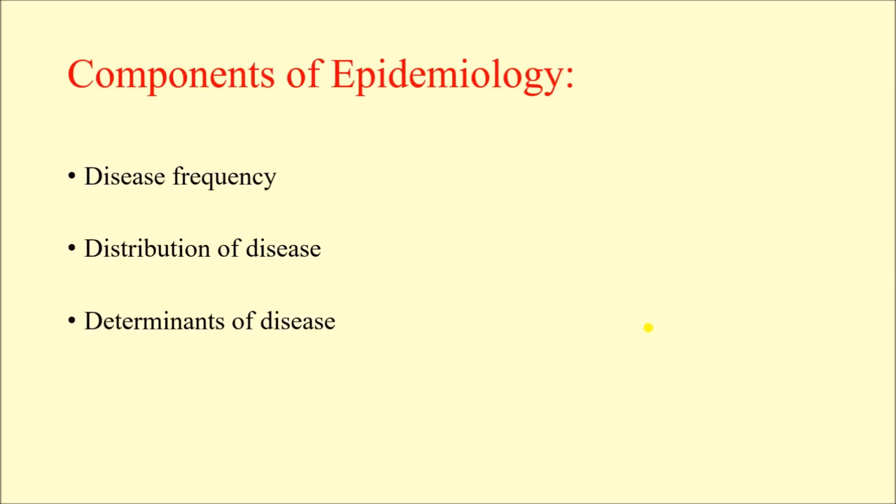Next one is the components of epidemiology, and we are going to talk about three components. First one is the disease frequency. Now, disease cannot be measured directly, right? So, that is why we try to quantify disease indirectly. So, when we say disease frequency, what we try to do is to measure the frequency of the disease, disabilities, death, and then to summarize them in forms of different rates and ratios.